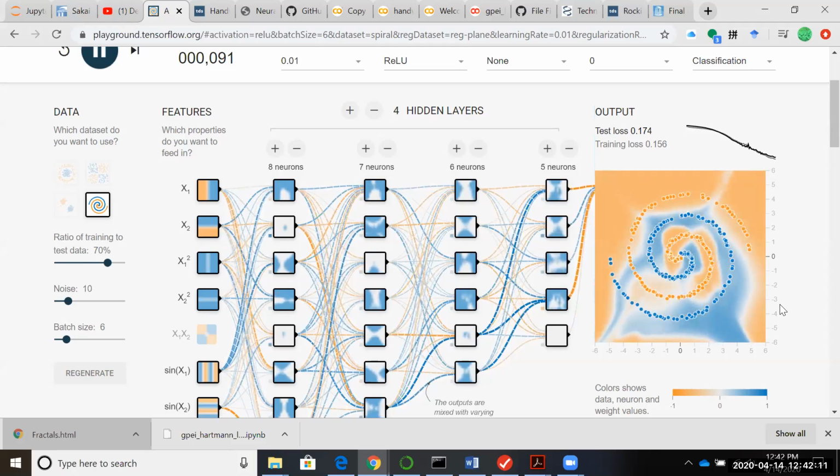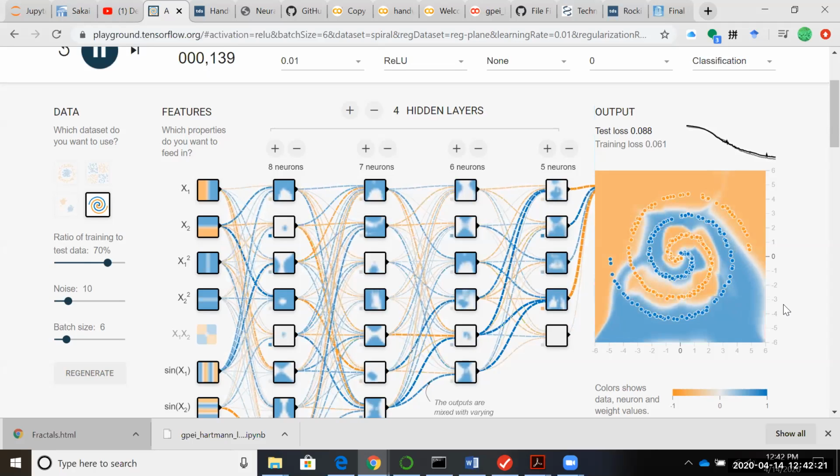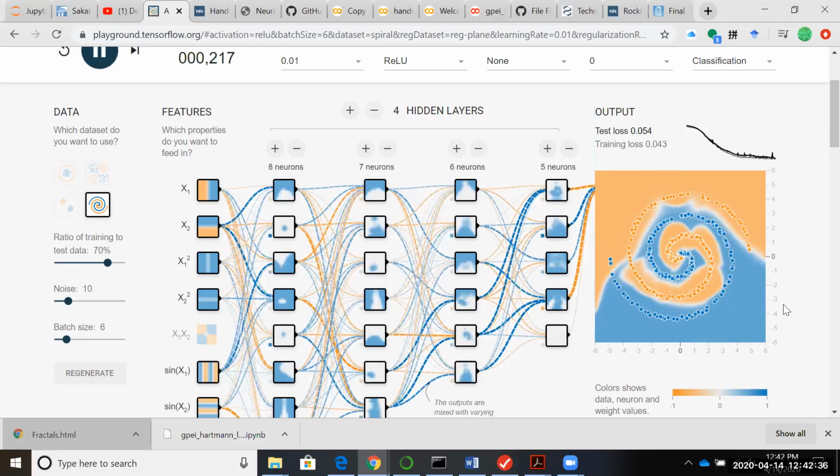Okay, so we're not going to spend the time on that. Basically, if you play around with this, it is feasible to come up with an architecture which can do the things that we want to do. So even though we have machine learning and AI, human design is still very crucial.